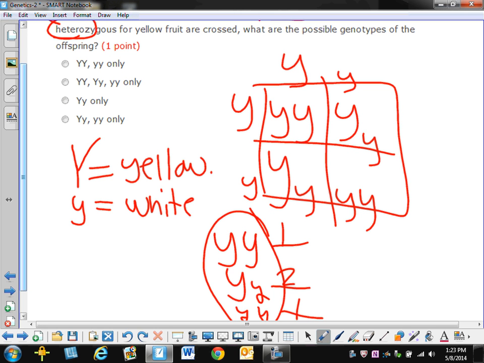Is big Y, big Y, big Y, little y only the right answer? No. Is it big Y, big Y, big Y, little y, and little y only? Really? I got a big Y, I got a big Y, I got a little y, don't I? Okay, let's leave that one in the running. Big Y, little y only? No. Big Y, little y, little y? No. There's our answer.